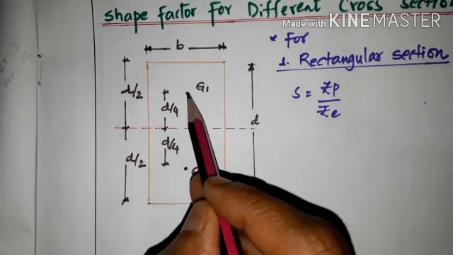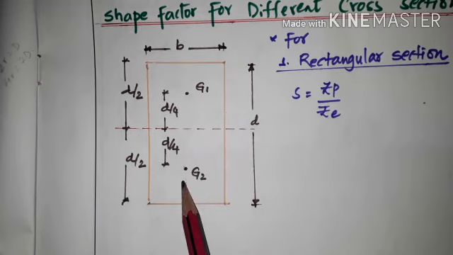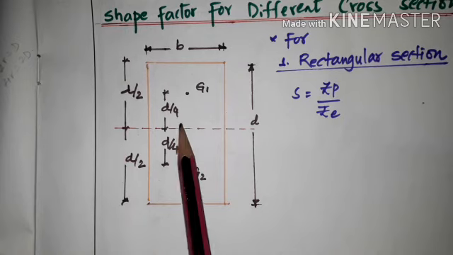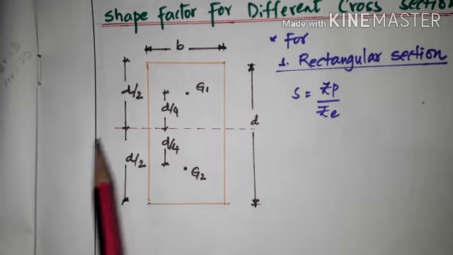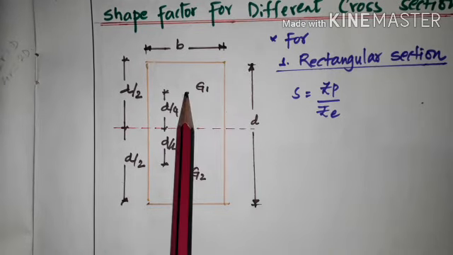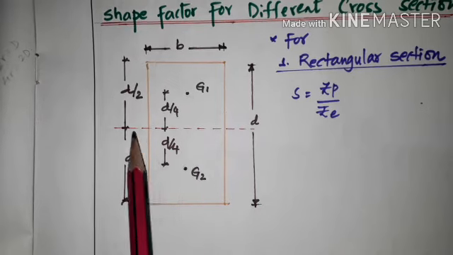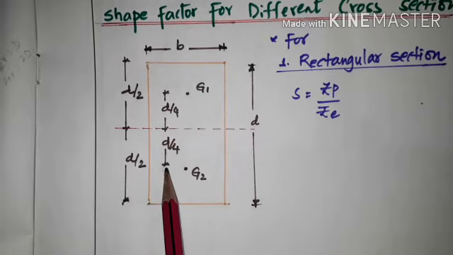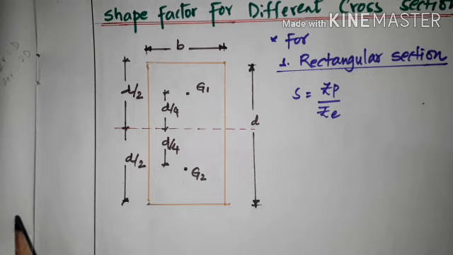The centroids of the area above and below the neutral axis, G1 and G2, are located at a distance of d by 4, because it is d by 2 divided by 2, from the equal area axis or neutral axis, for both the upper and the bottom part.